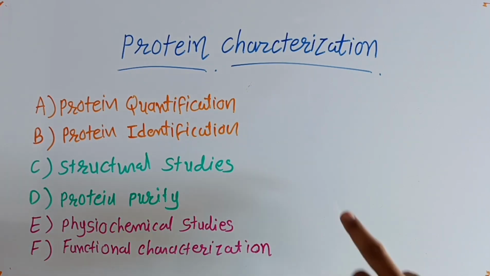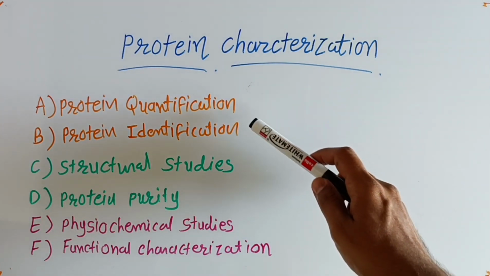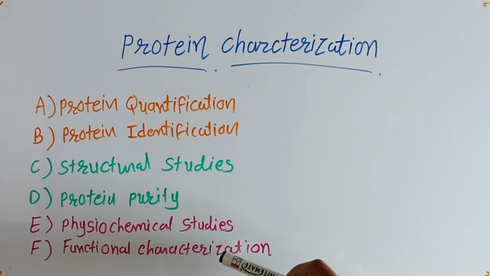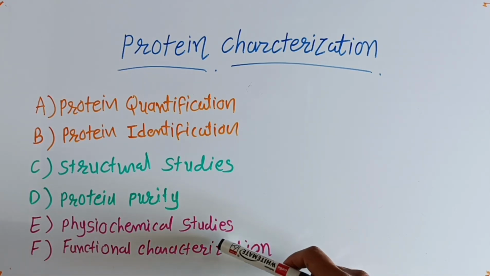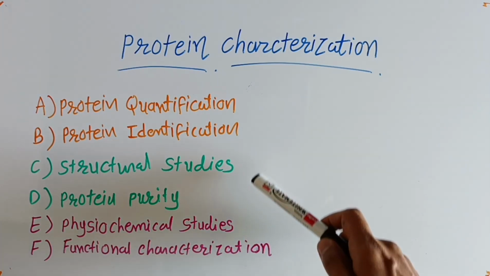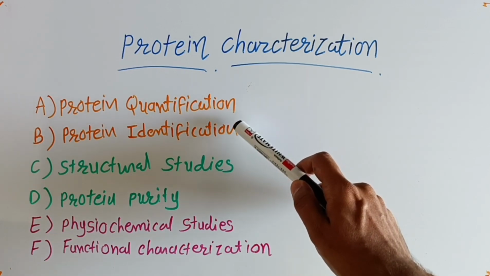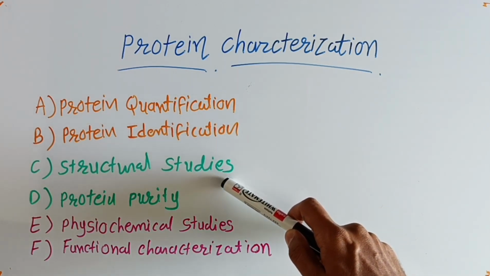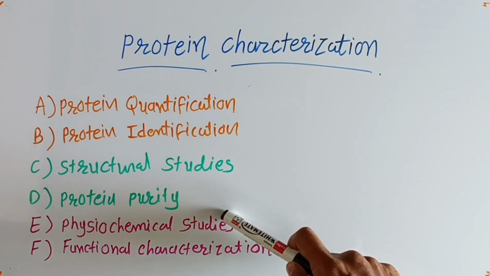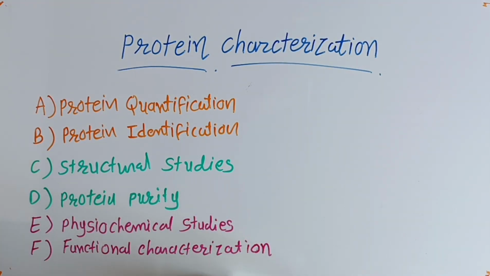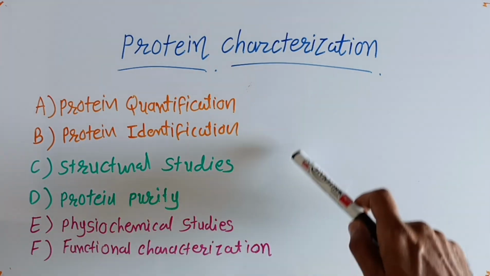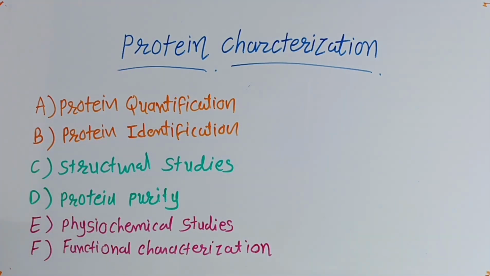That protein characterization involves methods for purification and quantification: protein quantification, protein identification, structural studies, protein purity, physiochemical studies, and functional characterization. All these combined methods are defined as protein characterization. In this video lecture we are going to discuss two of these methods, protein quantification and protein identification.